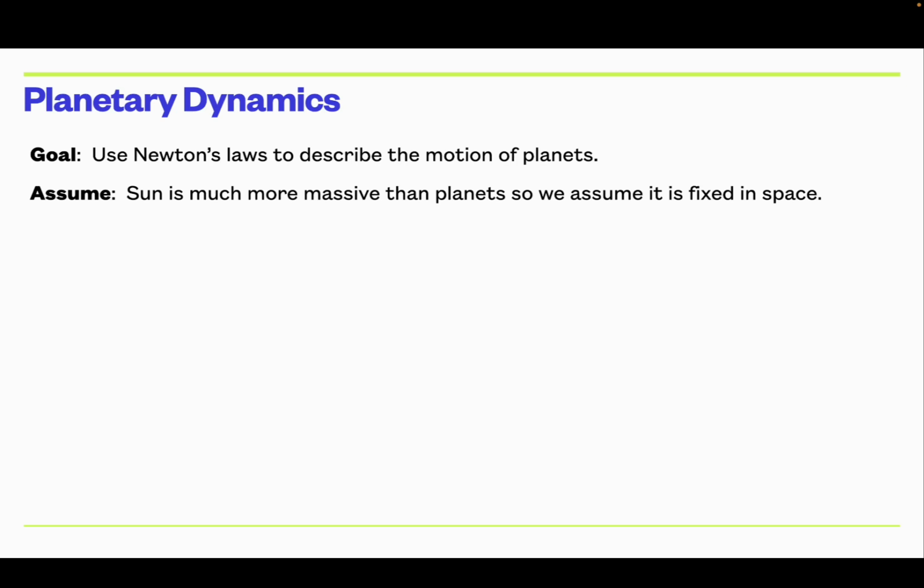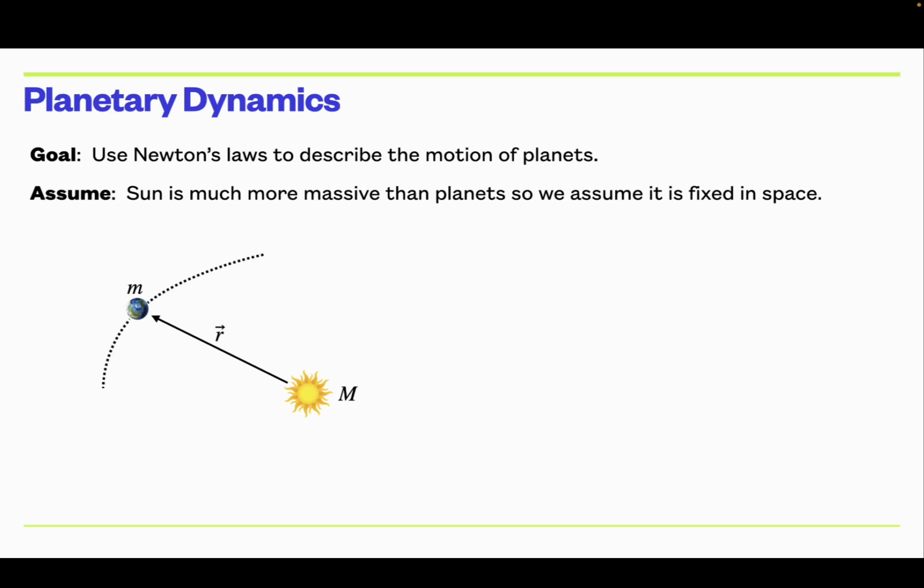All right, let's now talk about the dynamics of planetary orbits using Newton's laws. We're going to assume that the sun is a lot more massive than the planets orbiting it, so we'll assume that the sun is fixed in space. So there's the sun, we'll give it a mass capital M. There's our planet, say the Earth, it'll have mass little m. r is a vector that points from the sun to the planet.